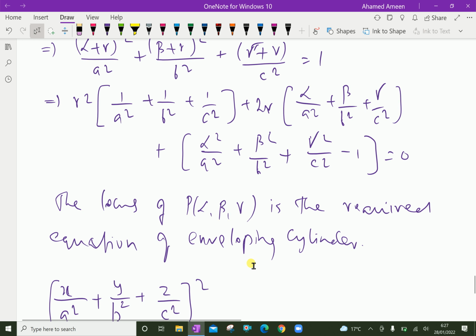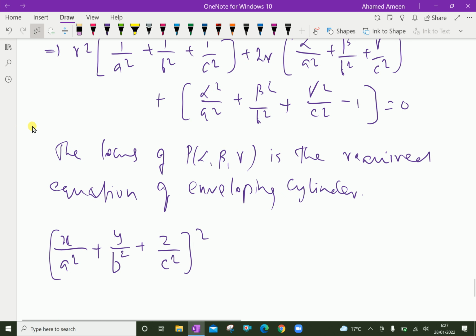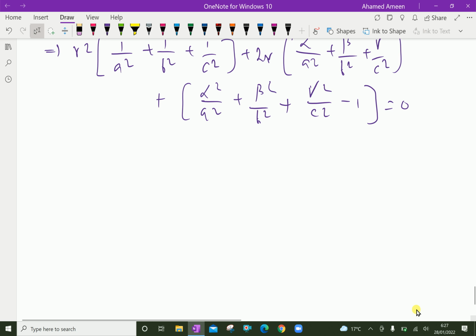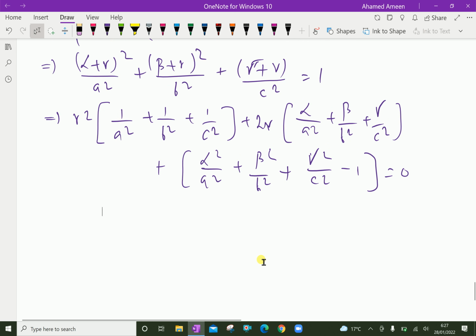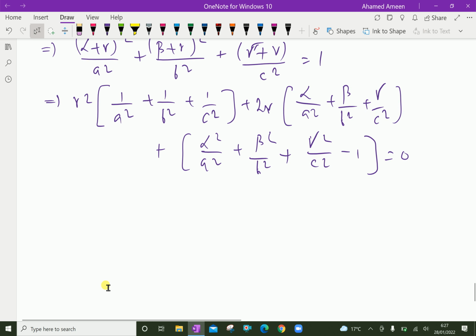Before that, we have to use the condition b squared equal to 4ac, meaning the discriminant of this equation, b squared minus 4ac, equals 0. That gives two identical solutions. Here we are using b squared equal to 4ac.